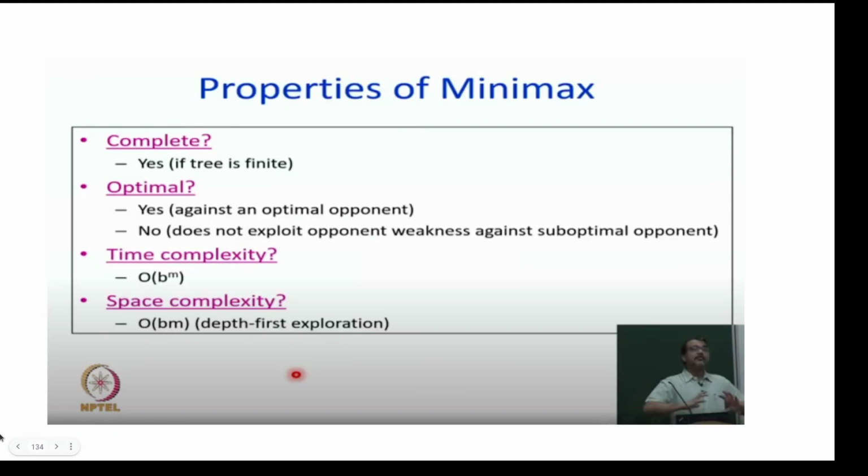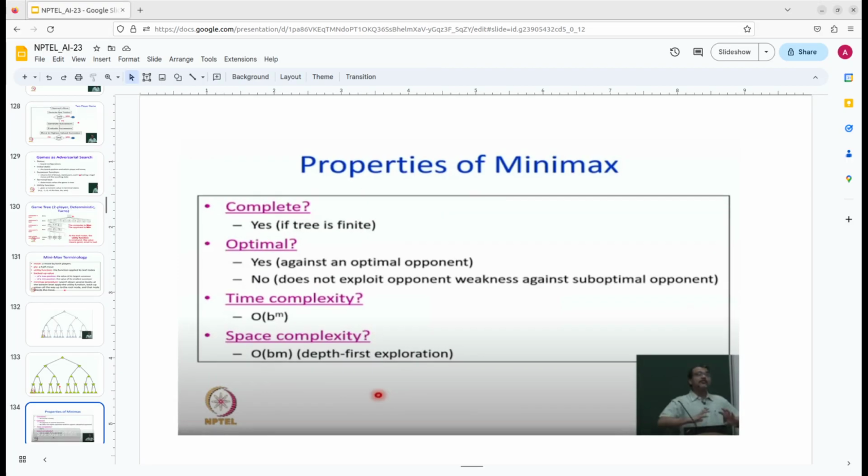Is it complete? What does completeness of an algorithm mean? Completeness means, if I give you a problem and there exists some solution, will the algorithm find the solution? This is the meaning of completeness.